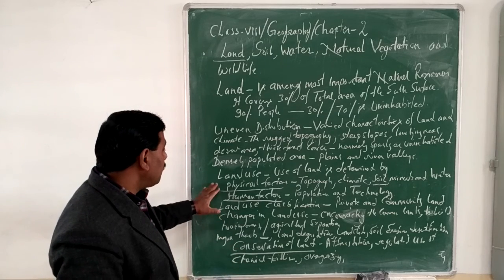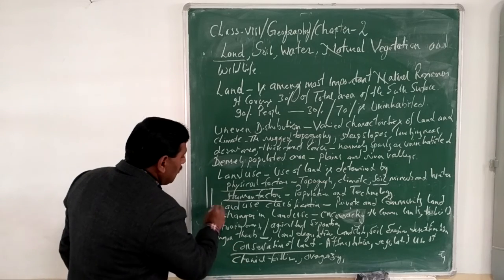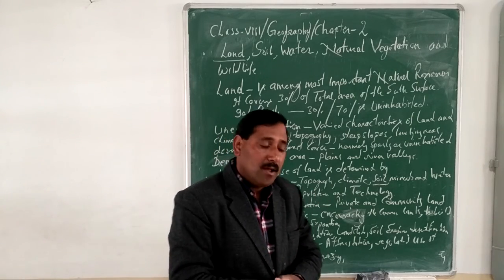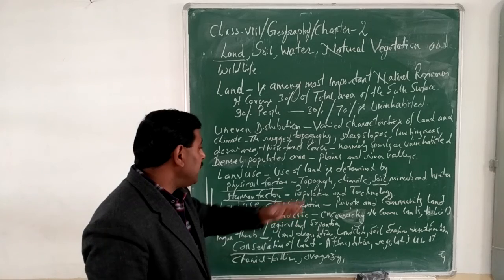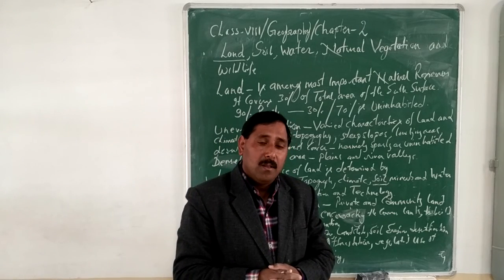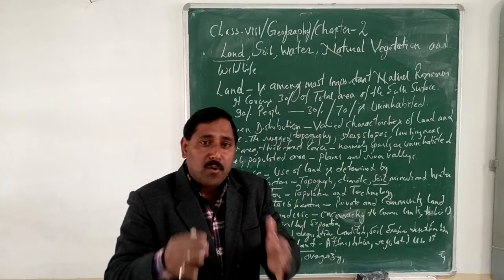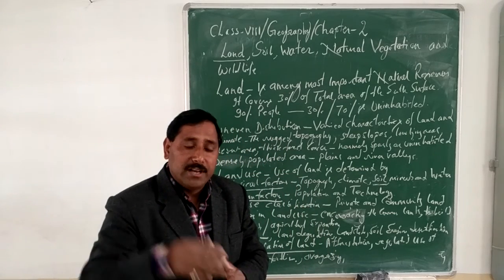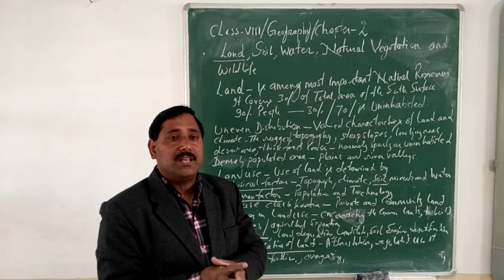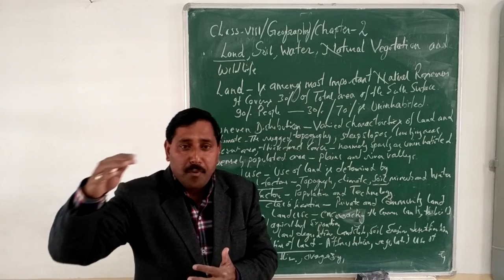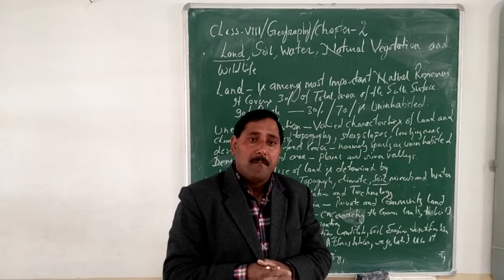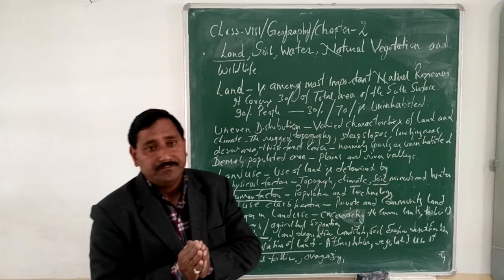Next important factor which determines the use of land is the human factor. We ourselves are a very important factor. Why? Population and technology. A large number of people, the population which lives in a particular area, use the resources in that area, convert the available resources into more important things, and that makes life easier in that area.